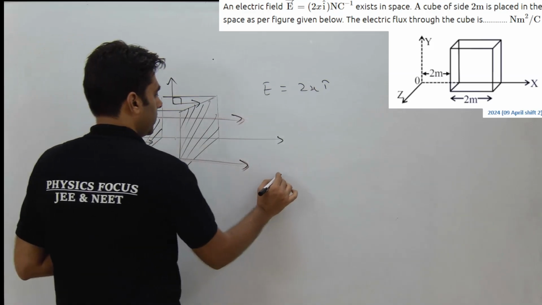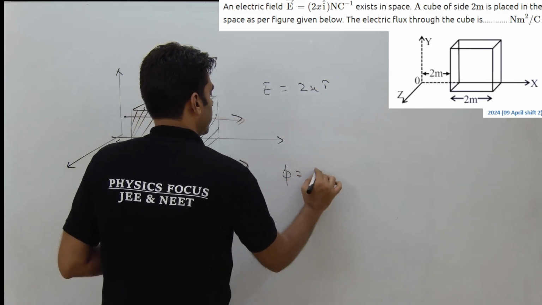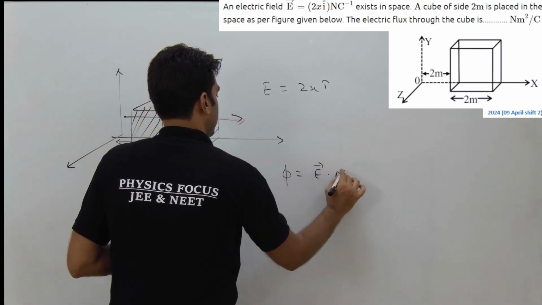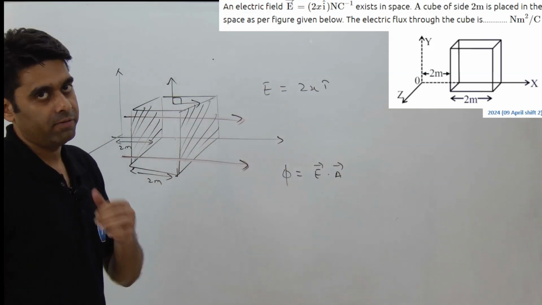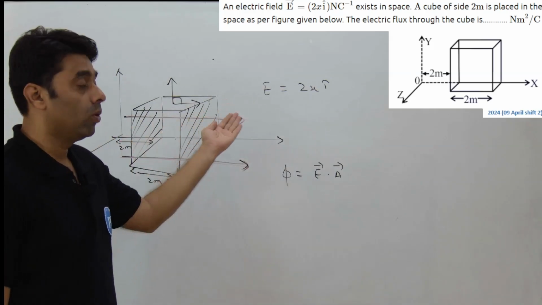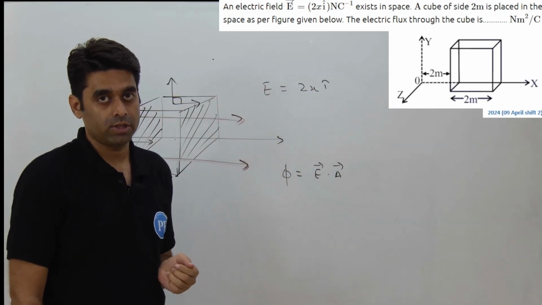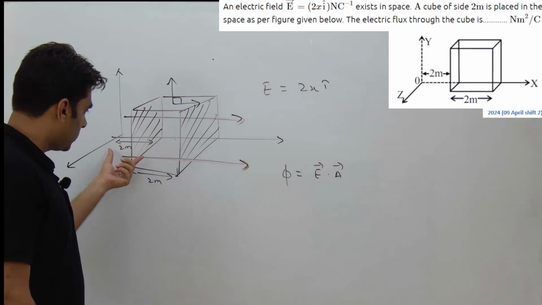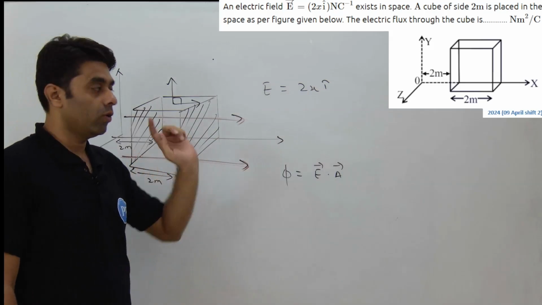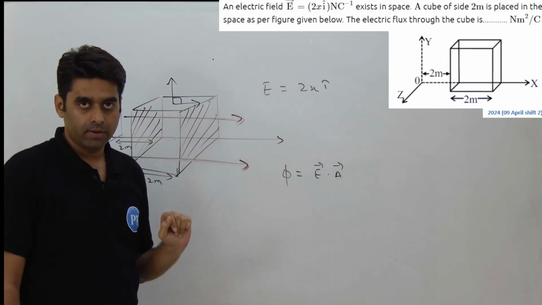What is our flux? Flux we write as E vector dot A vector. For a constant electric field, we can write E vector dot A vector. Over here, obviously, the electric field is not constant. But at any x, that means at x equals to 2, at x equals to 4, we can say the electric field is constant, right?